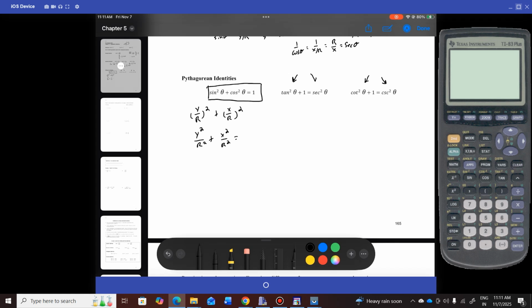We can write this as y squared plus x squared over r squared. Then y squared plus x squared is r squared. That gives you 1. That's just the Pythagorean theorem there: x squared plus y squared equals r squared.